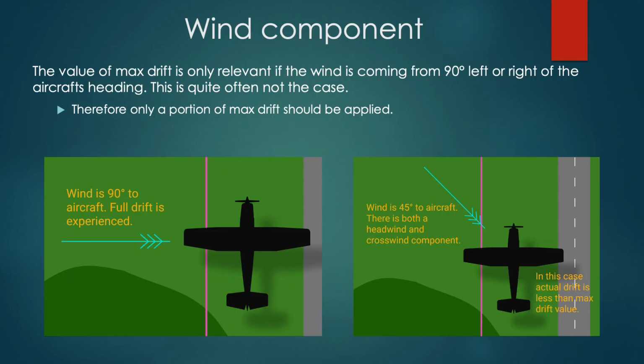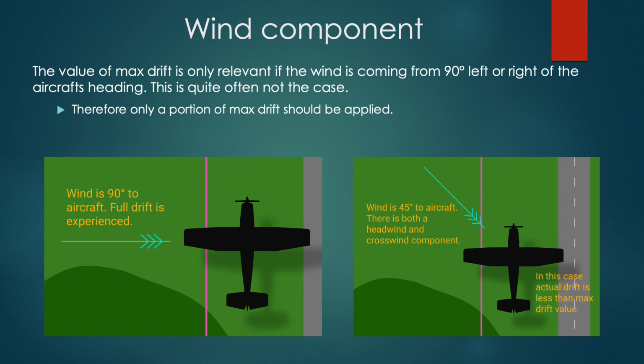So as seen on the previous slide before, the maximum drift for this example is 10 degrees. And maximum drift is the most when it's coming perpendicular to the aircraft, so 90 degrees. So in this case, we would apply the full amount of max drift. Okay. If you look in the right-hand picture, if it was coming at 45 degrees, we get an element of headwind, but also crosswind as well.